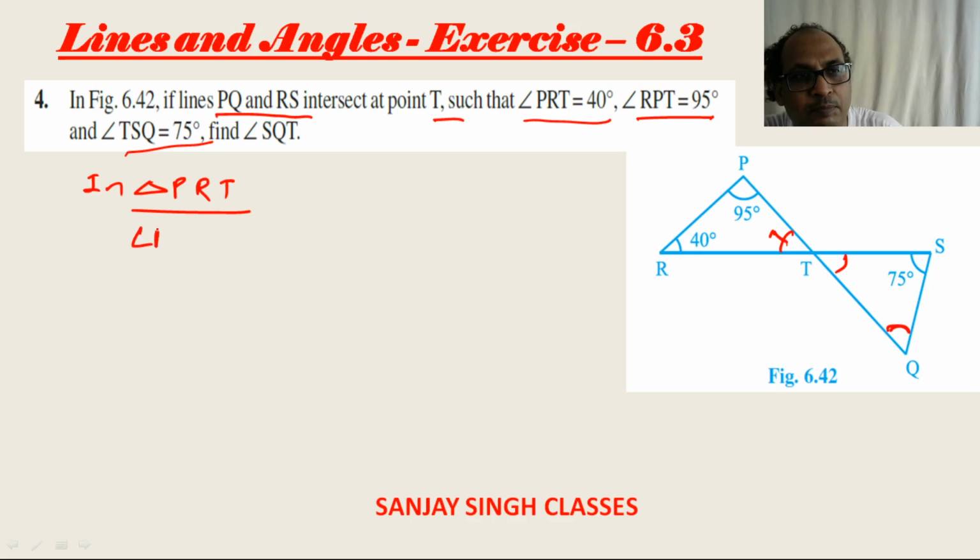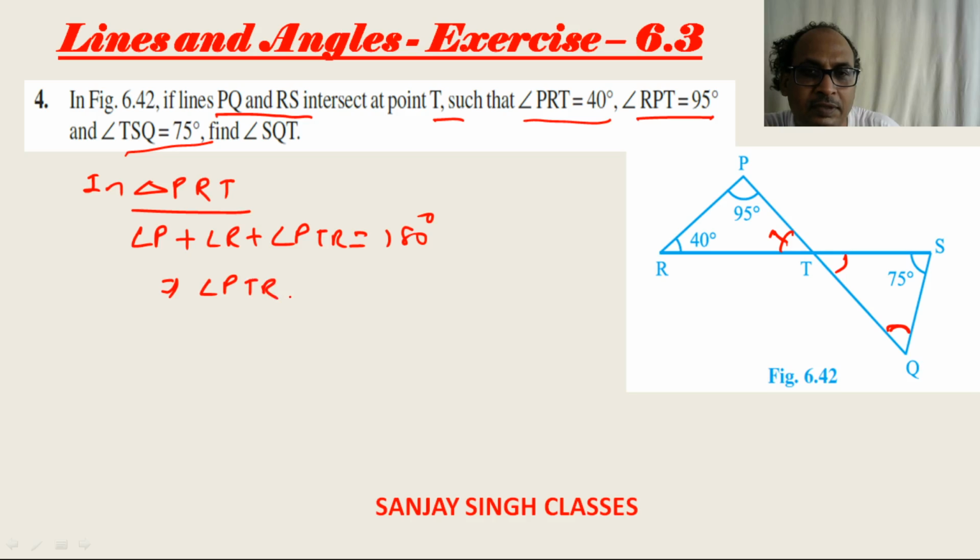So angle P plus angle R plus angle PTR is equal to 180 degrees. Thereby angle PTR is equal to 180 degrees minus (angle P plus angle R).